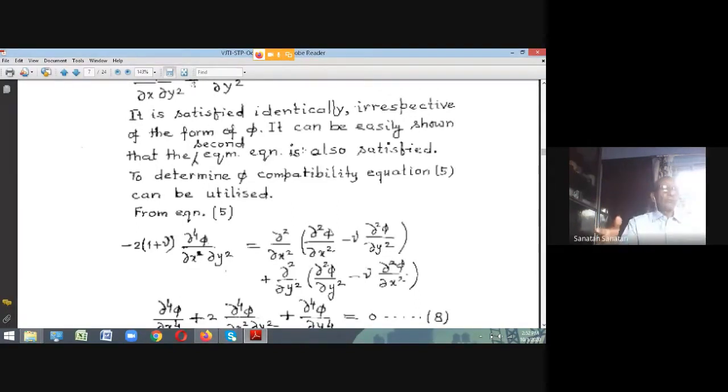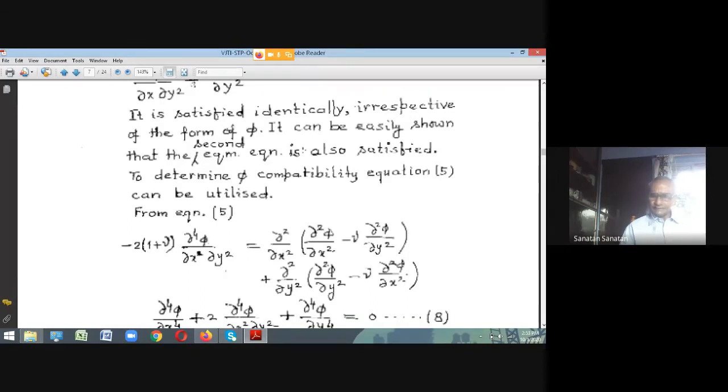You have some boundary loading on the body, so this function should be selected such that it satisfies the boundary conditions. The moment the function satisfies the equilibrium equations and the specified loading conditions, you get the solution to your problem.